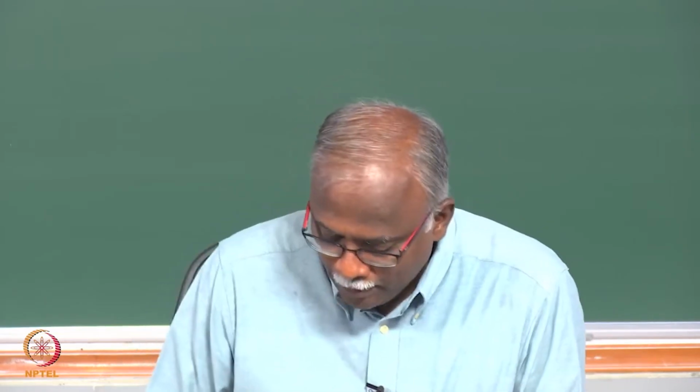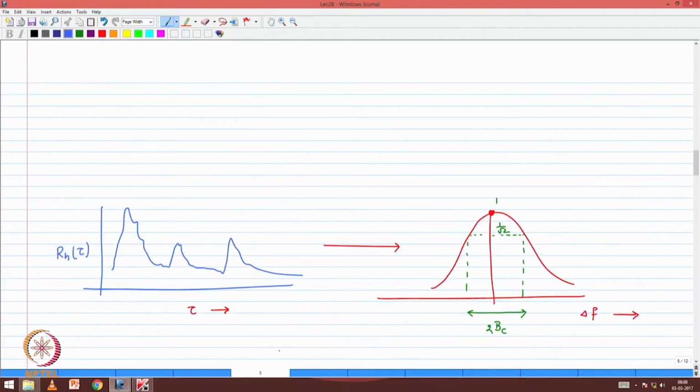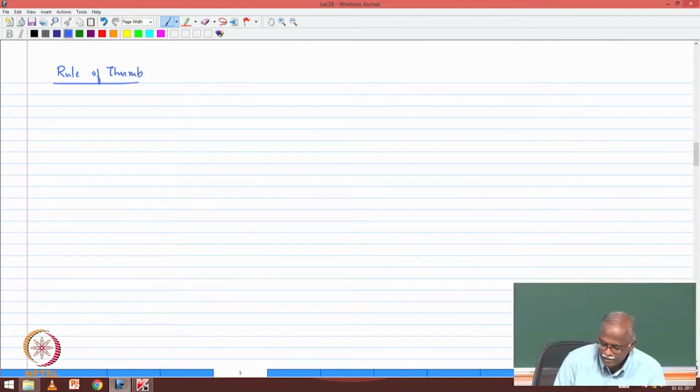So there are a couple of rules of thumb which I believe will be helpful for us, and I'll just indicate those so that you can remember them when you come across them. So the rule of thumb: the question that we ask is, when do you need an equalizer? That is, how do you deal with the time dispersive aspects of a channel?